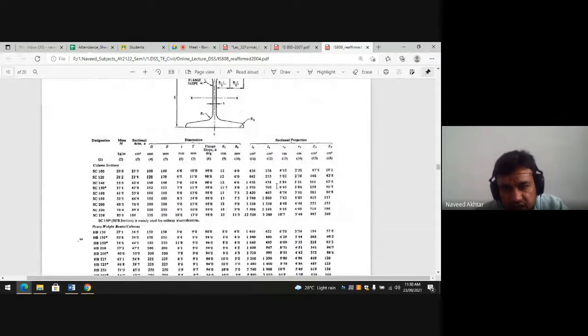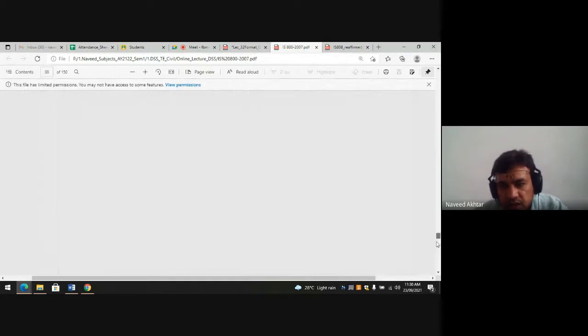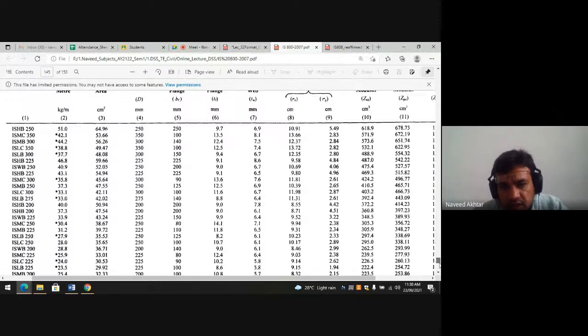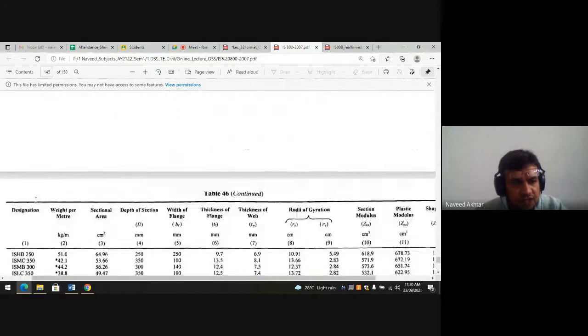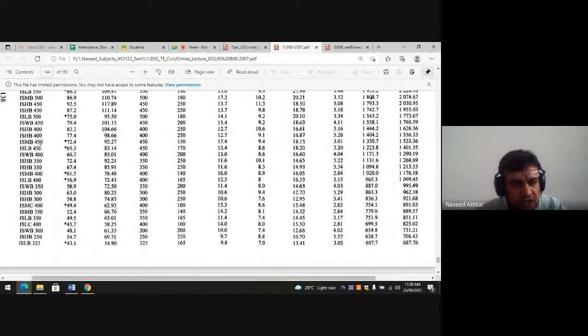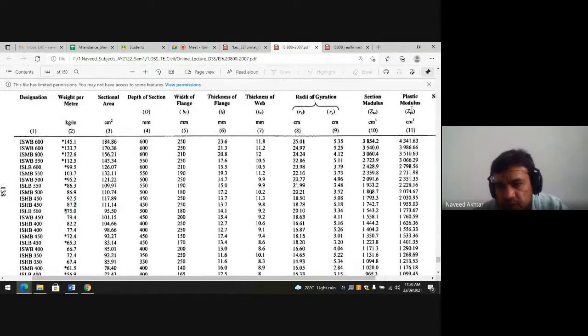So here ISHB 450 के लिए, ISHB 450, you can see about 87.2. So here the plastic section modulus, 1995, is already given as ZP in centimeter cube, and already we have written there also.